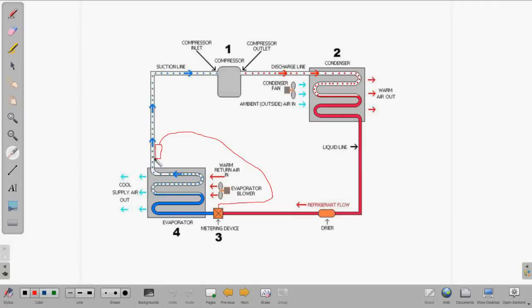So what the equalizer line does is it's attached to the outlet of the evaporator, and it comes back here to the TXV device, and it just equalizes the pressure so it negates the temperature drop across the coil. Very rarely is your equalizer line going to be any kind of an issue, but that's what it's for.